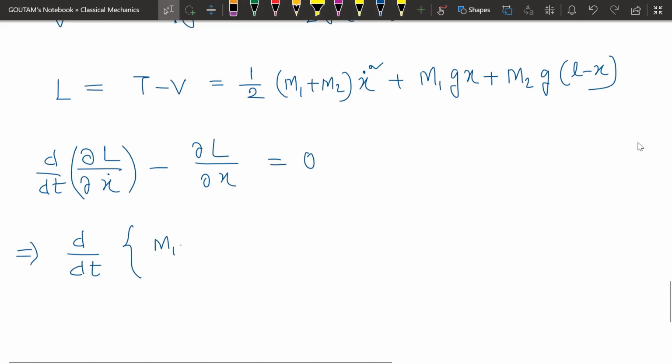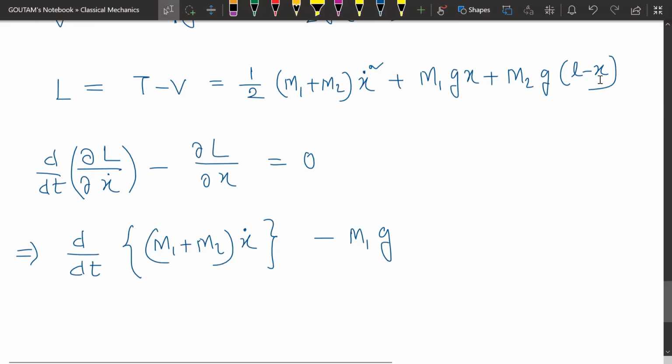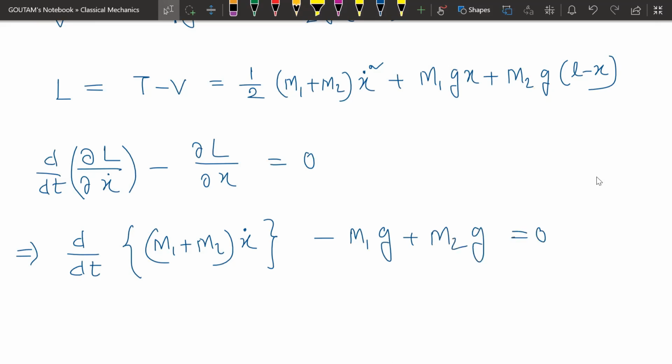Minus del L del x, which will be the derivative of this term: m1 g, and the derivative of this term will be minus m2 g, and there is also a minus sign here, so it will be plus m2 g, equals 0.